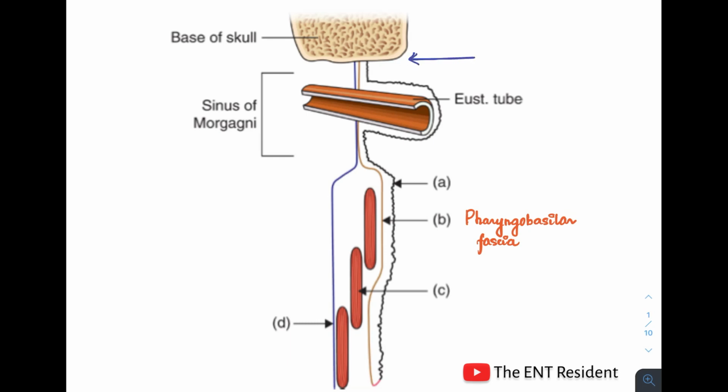The muscle is deficient in the superior most part, and hence to give structural integrity to the pharyngeal wall, the pharyngobasilar fascia continues above and is thickened in this part so as to maintain the integrity. So from here what we know is the muscular wall is not a continuous structure. It is deficient in some parts, mostly in the superior most part of the pharyngeal wall.